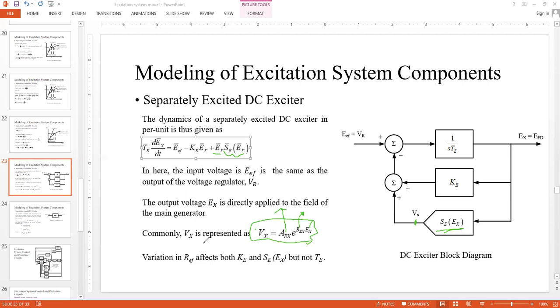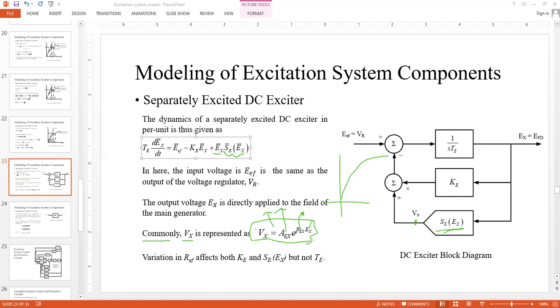There are, of course, some other representations for VX. So most commonly used is this, which is of course a nonlinear function. You see the presence of the exponent here makes it a purely nonlinear function. And from our curve also we saw that it looks like an exponent, right?